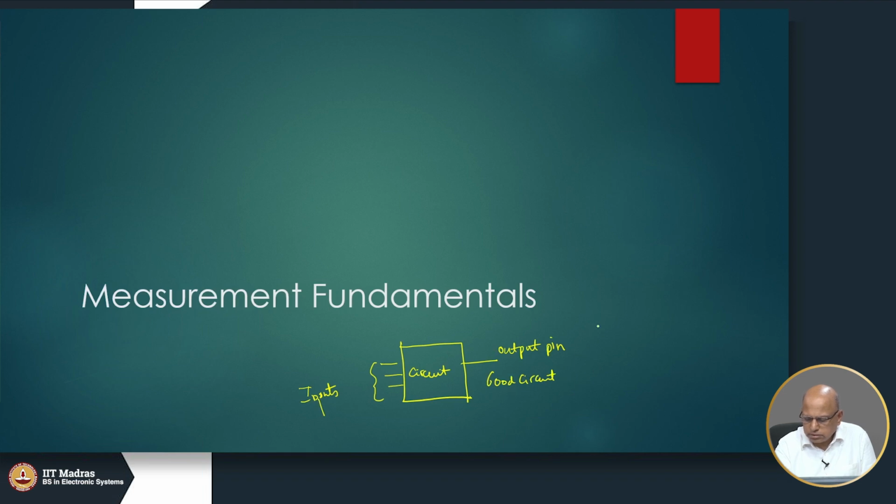Let us say it produces logic 1. Okay. If it is a digital circuit, the good circuit produces a logic 1. On the other hand, suppose the circuit has a fault, some manufacturing defect, because of which the faulty circuit produces a different value, let us say logic 0, right. So, this is for a digital circuit.